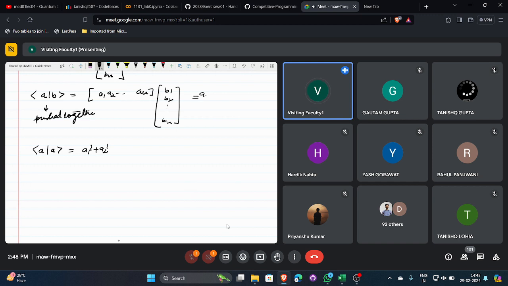Presently it is a1 b1 plus a2 b2 plus an bn. So now it will be a1 square plus a2 square up to an square. So simply you can say it is equal to this.